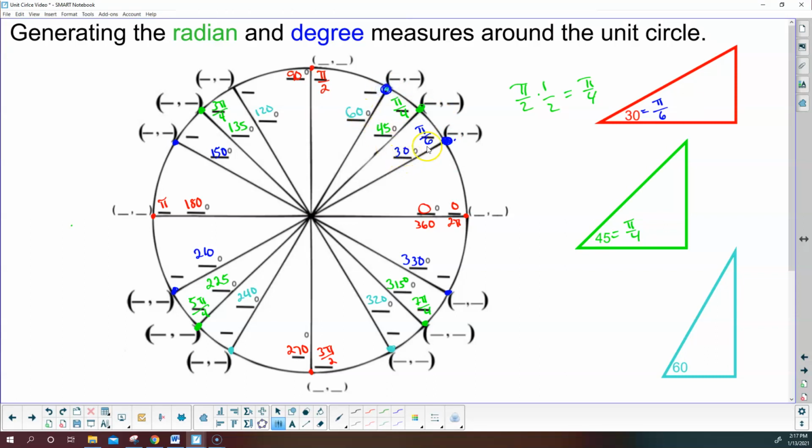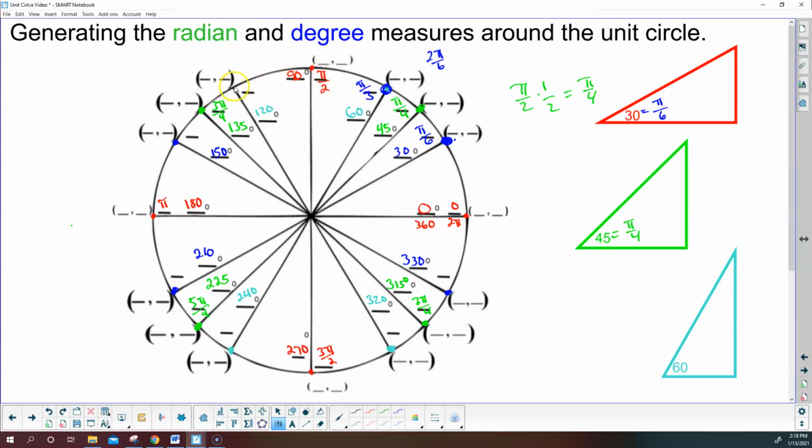And the reason why is if this is pi over 6, this is 1 pi over 6, what if I go another 30 degrees? That puts me right here at 60 degrees. So this would be considered 2 pi over 6, but 2 over 6 reduces down to pi over 3. So we're just reducing fractions here, pi over 3. And then if I go another pi over 6, so there's 1 pi over 6, 2 pi over 6, this is 3 pi over 6, but 3 over 6 is 1/2.